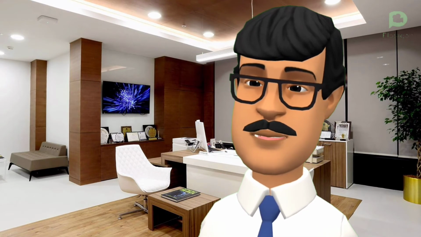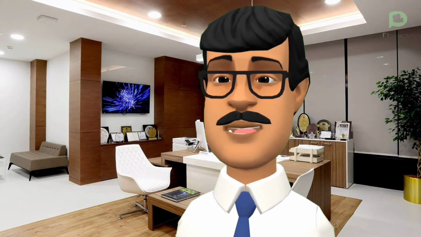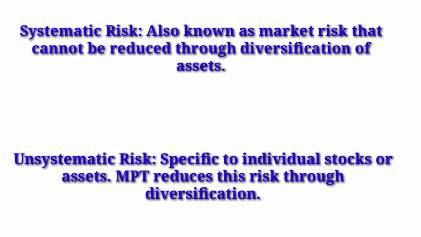Markowitz split risk into two subsequent categories. One is systematic risk. Systematic risk refers to market risks that cannot be reduced through diversification of investment. The entire market and the economy are exposed to systematic risk or market risks.